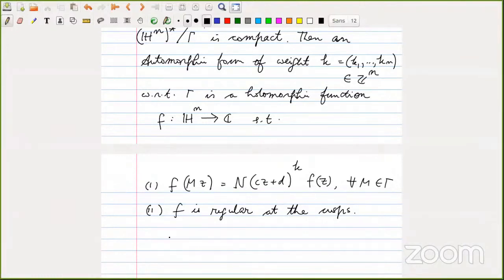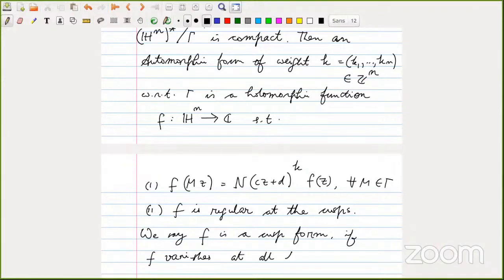Then we say f is a cusp form if f vanishes at all the cusps.